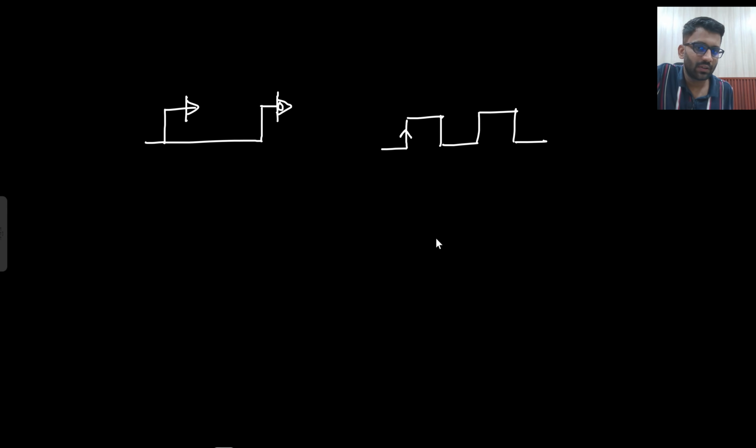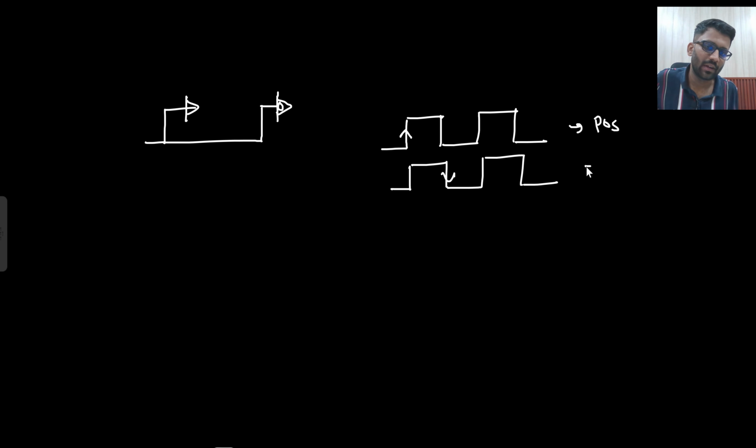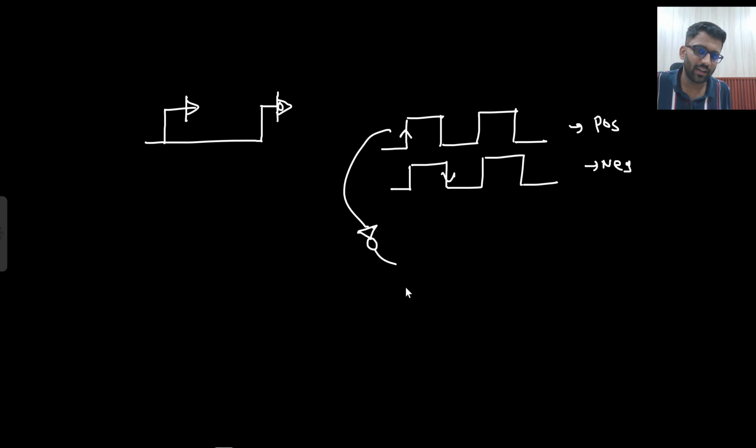This is your positive edge clock, and this is your negative edge clock. Now what do I do? I put an inverter and invert this. So how will it look? 1 to 0, 0 to 1, 1 to 0 and 0 to 1.